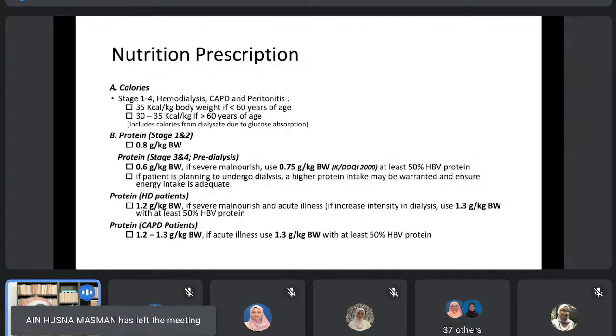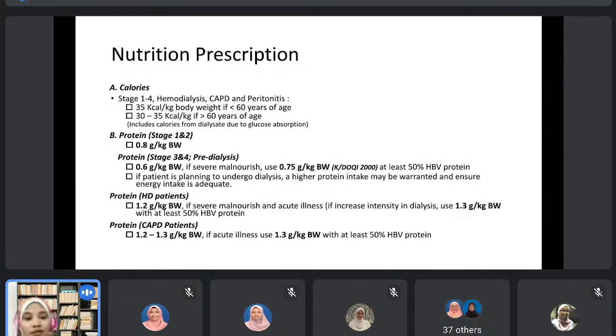I think I don't have to explain more about this, but you need to keep in mind that whenever a patient is given a low protein diet, or a high protein diet, there will usually be a problem with phosphorus.